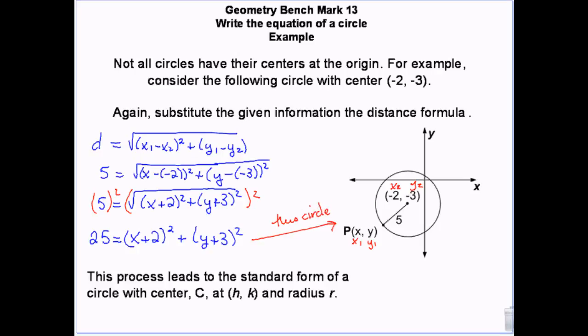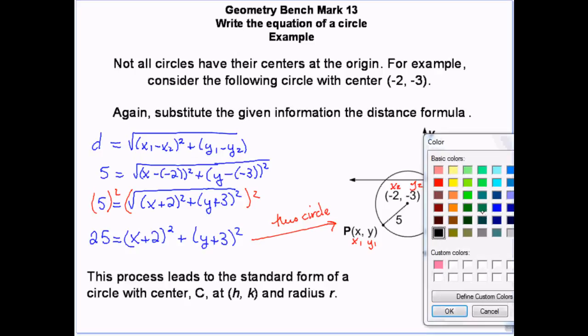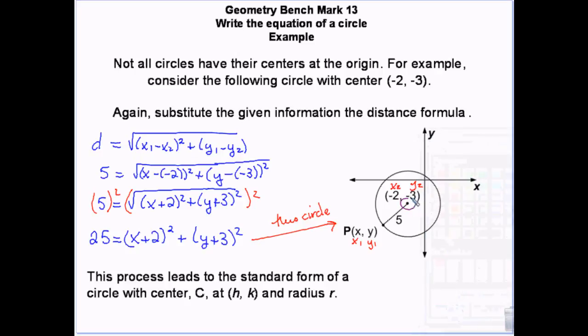The general equation of a circle not at the origin: the center, (h, k), is what we call this point right here. So instead of saying x1, x2, y1, y2, we're going to call them h, k now.